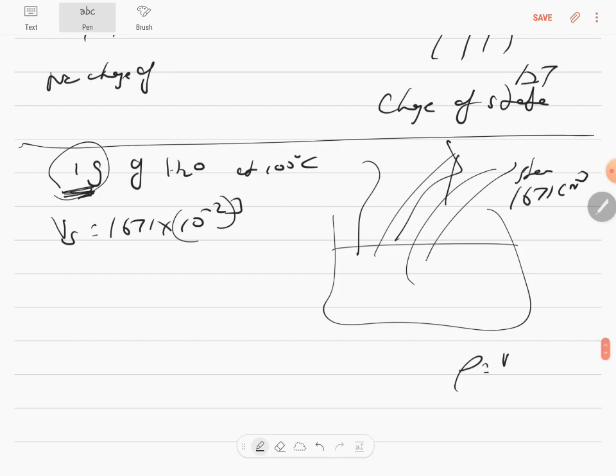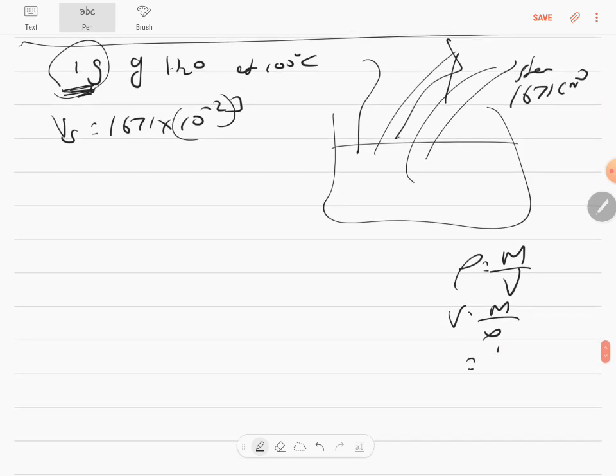Density is mass by volume, so volume is mass by density, and the mass is 1 gram. Let's convert gram into kg. So 1 into 10 to the power minus 3 by density of water, which is 10 to the power 3. So it will become 10 to the power minus 6 in SI unit. So the volume of the water originally was 1 into 10 to the power minus 6.